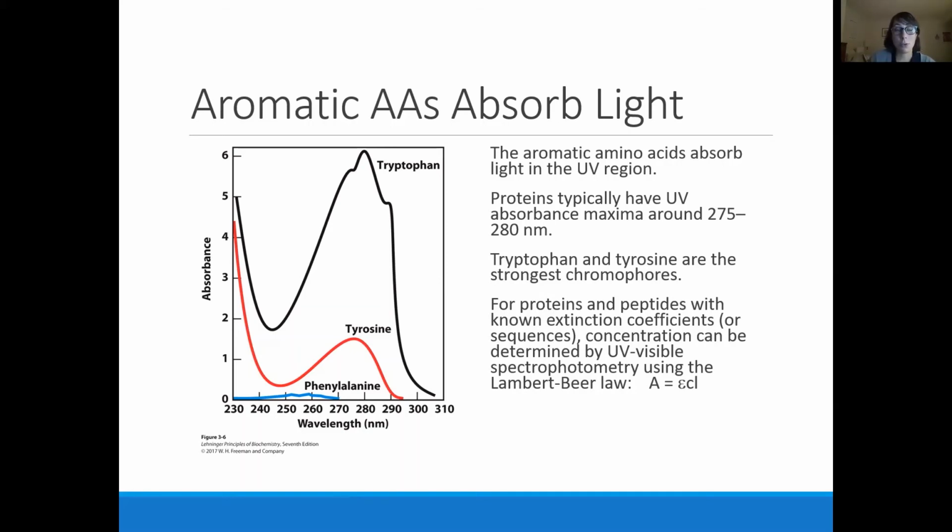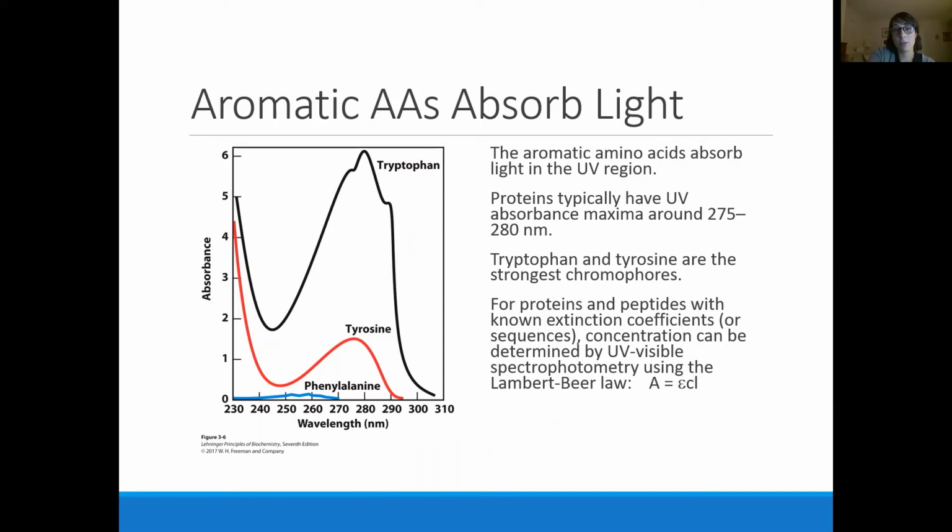Proteins usually have hundreds of amino acids, and it's typical that at least one of those amino acids will be an aromatic amino acid. So we can use how much that UV absorbs to calculate how much protein we have.